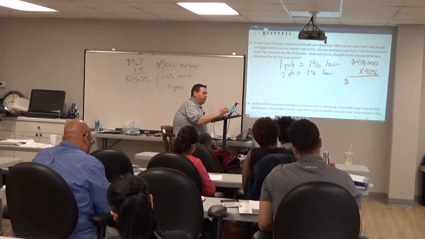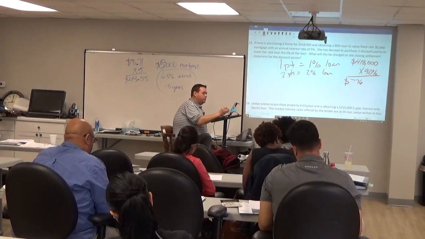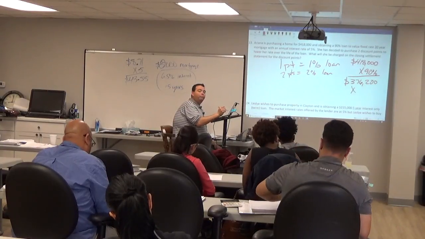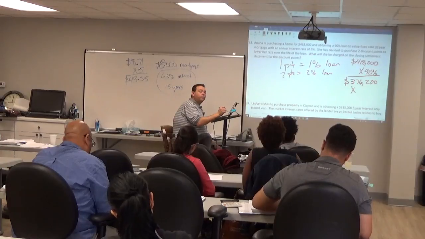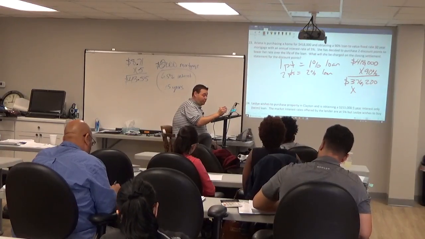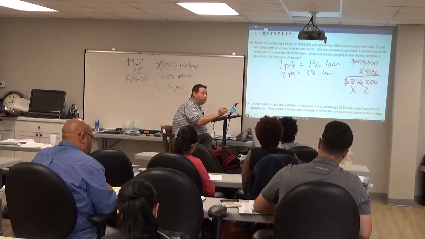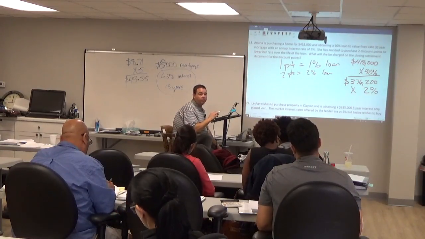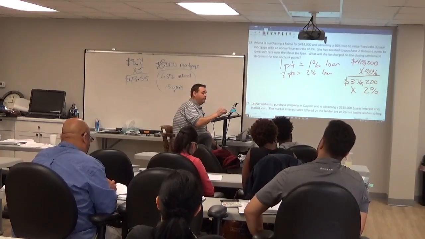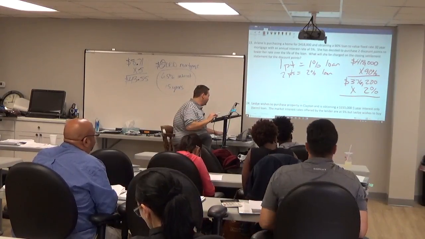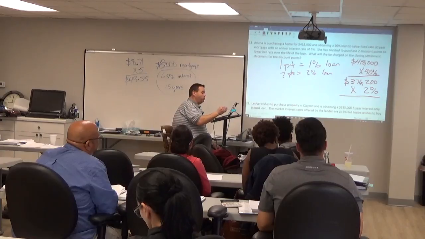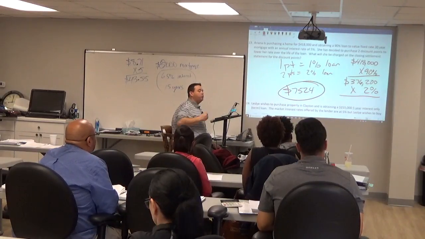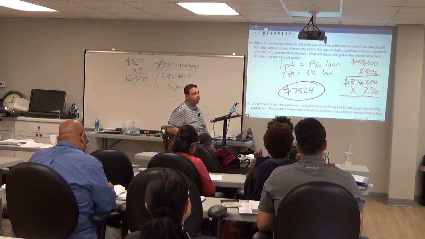That is 376,200 for the loan, times what? 2%, because the charge for each discount point is 2% of the loan amount. Okay? So 376,200 times 2% equals $7,524. That's what they would be charged for those 2 discount points.